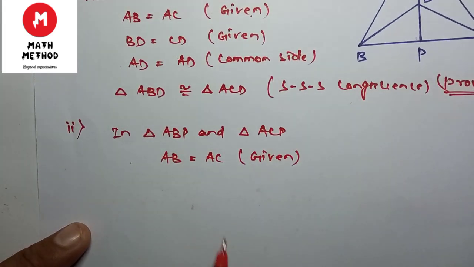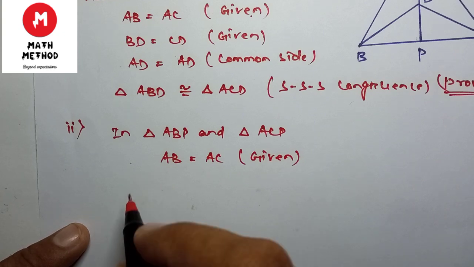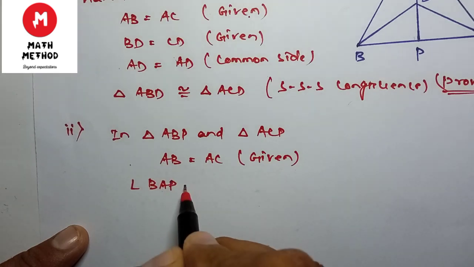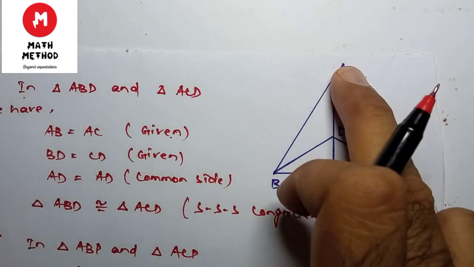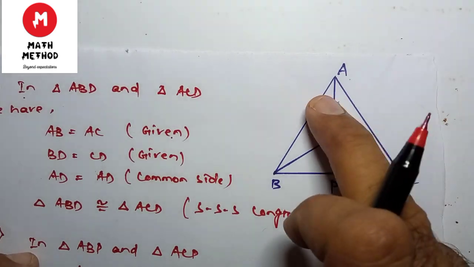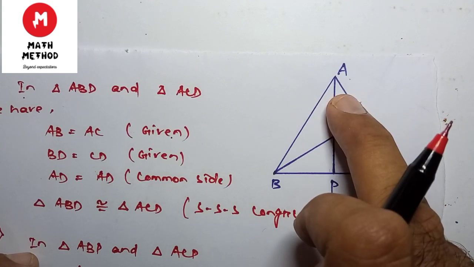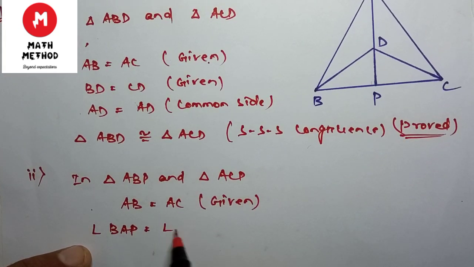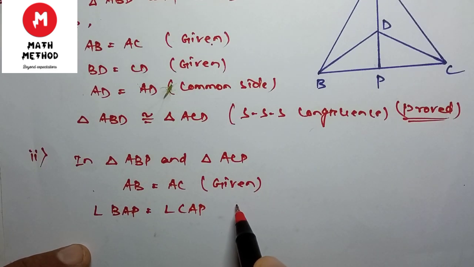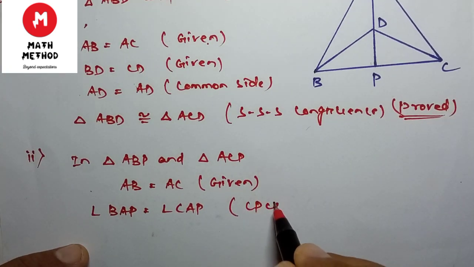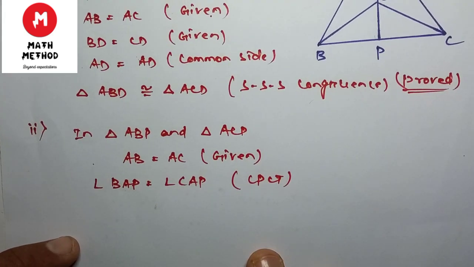And we will write angle BAP is equal to angle CAP because of CPCT, corresponding parts of congruent triangles. We will write like this, CPCT. Clear?